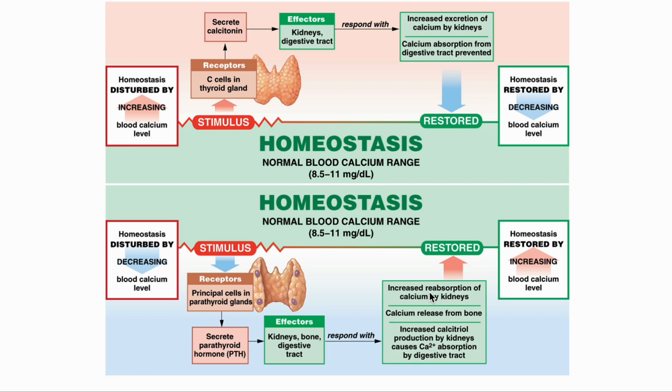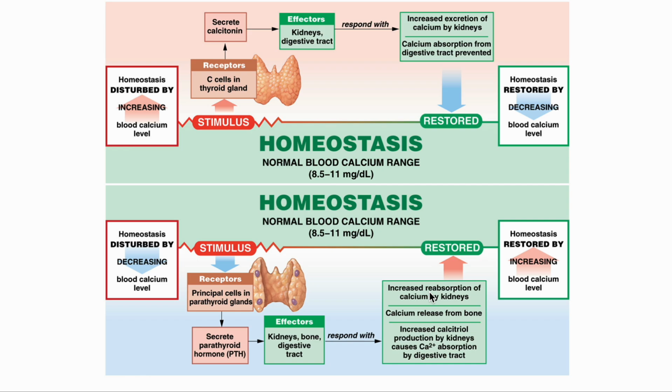And at the same time, parathyroid hormone is going to increase another hormone called calcitriol. Don't mix that up with calcitonin, very similar sounding. Calcitriol is actually produced by the kidneys in response to PTH, and it causes more calcium to be absorbed by the digestive tract, which means we are adding calcium to our blood.